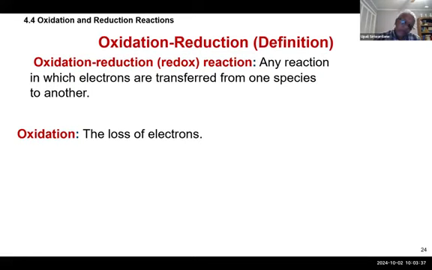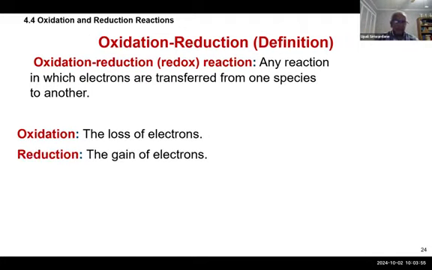In oxidation reduction reaction, oxidation means loss of electrons. If an atom in a compound loses electrons, that atom is undergoing oxidation. If an atom gains electrons, it is reduction.